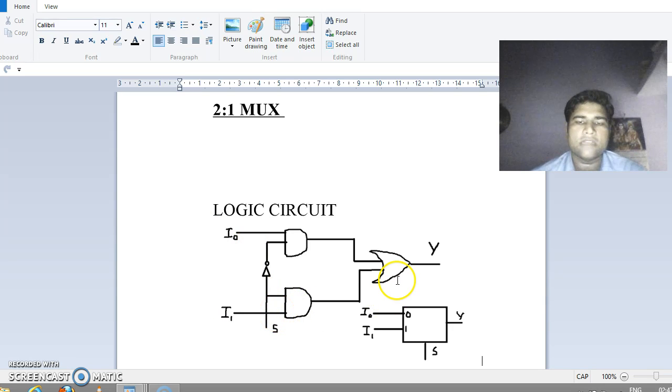So when S is equal to 1, this second gate will be enabled and output will be I1. When S will be 0, then the first gate will be enabled and output will be I0.